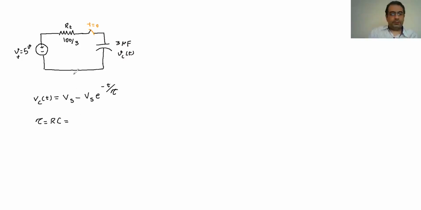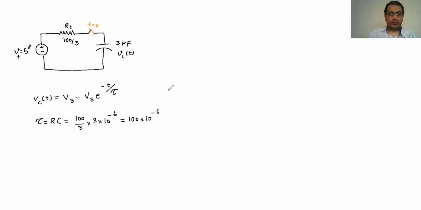So the R is going to be 100 divided by 3 times 3 times 10 to the negative 6, so the RC is going to be 100 times 10 to the negative 6, or simply 10 to the negative 4.